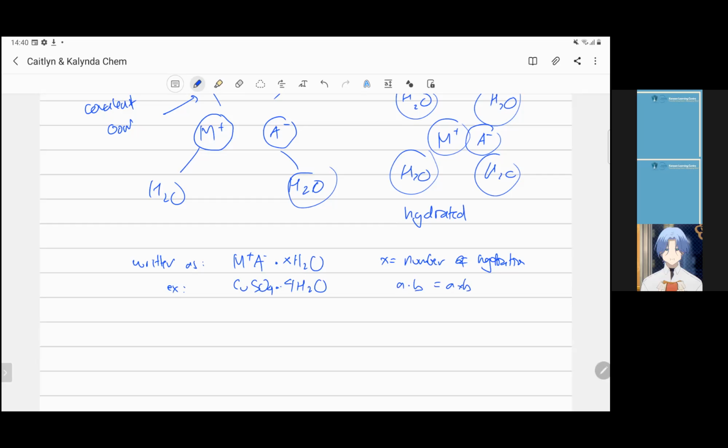But it's not the case here. So the number 4 only applies to H2O. Note that we don't have any space at all here. So no space between 4 and H, no space between dot and 4, no space between SO4 and the dot. Write them all like a single word, no space at all.